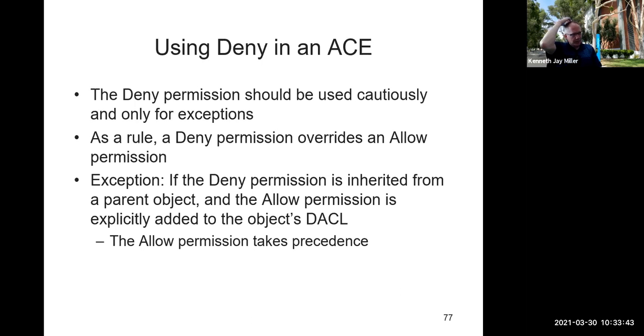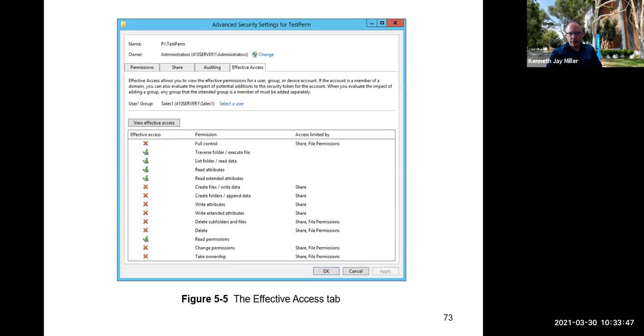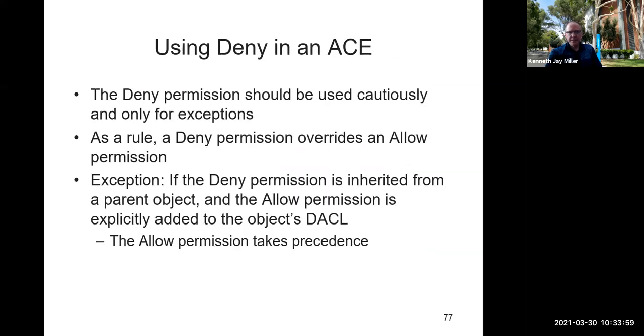Now, if we use the deny permission, going back to our effective permissions, where these X's are denied, denying should be used cautiously and only for exceptions. As a rule, a deny permission overrides any allow.